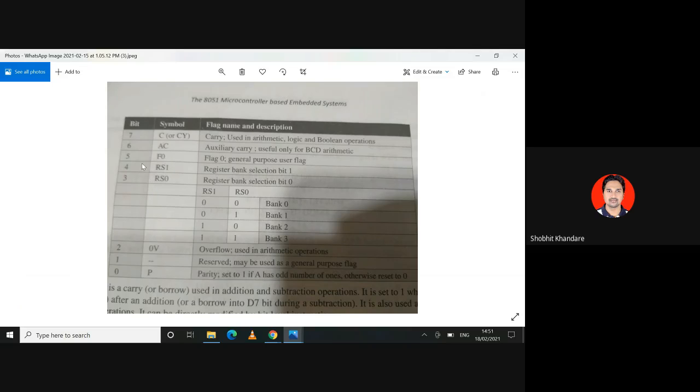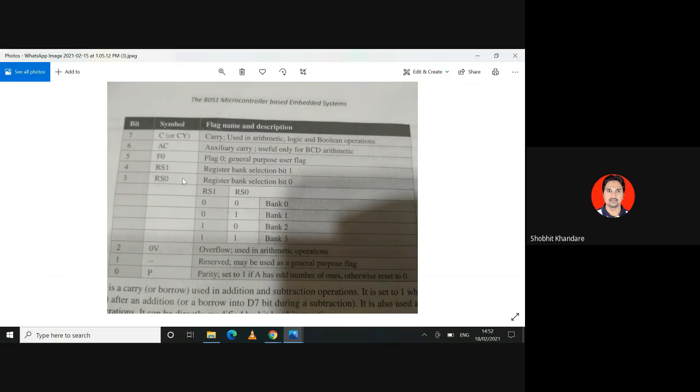Pay attention, all of you, to what RS0 and RS1 are. RS0 stands for register bank selection bit 0, and RS1 is register bank selection bit 1.